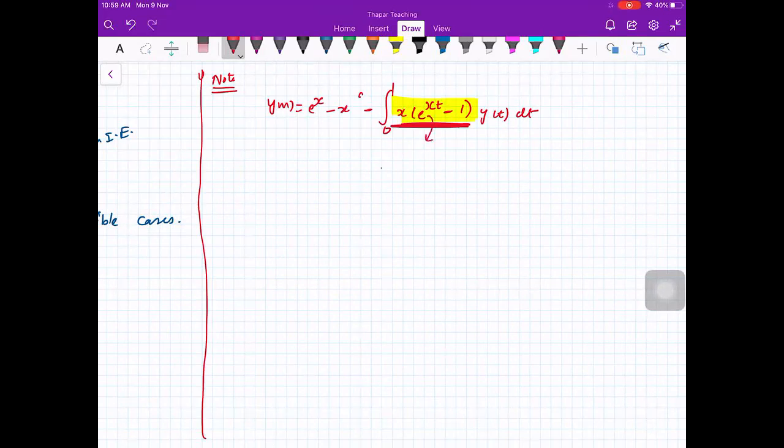But we can approximate e raised power xt. We know that e raised power xt is actually 1 plus xt plus x square t square upon 2 factorial plus x cube t cube upon 3 factorial and so on.